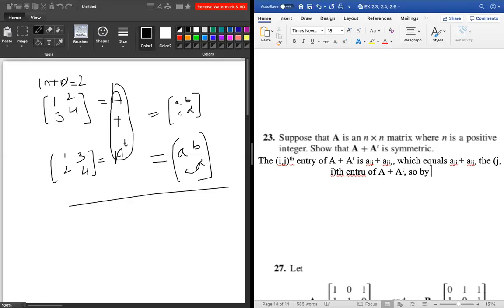So by the definition of symmetric, A plus A transpose is symmetric.